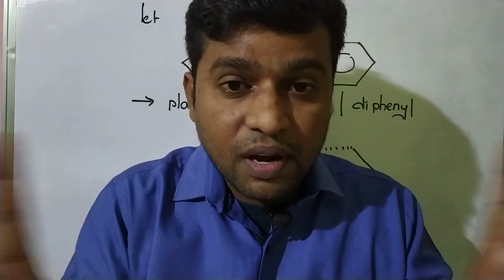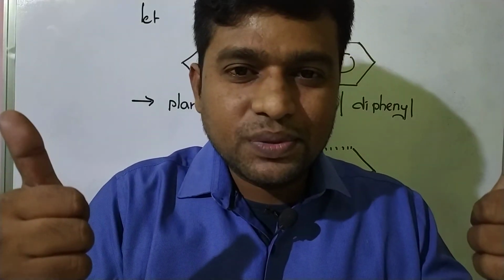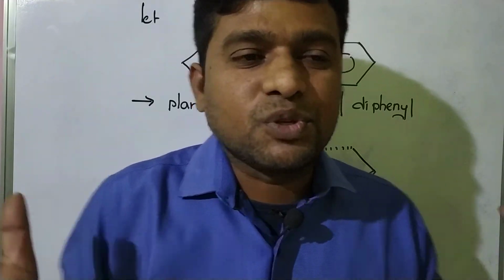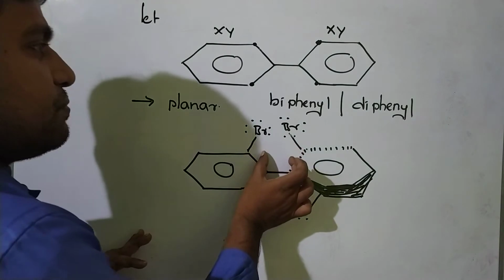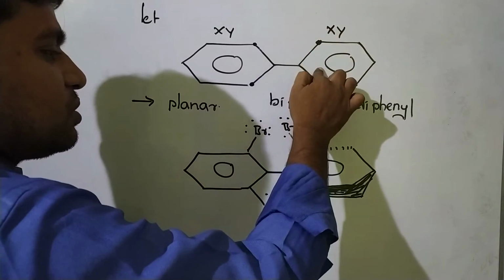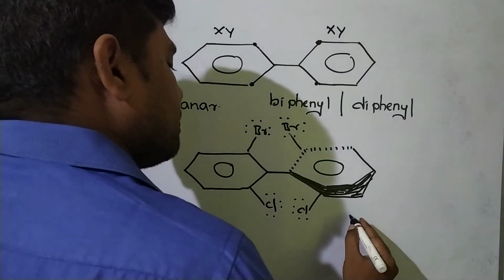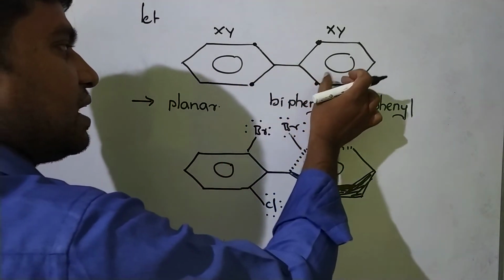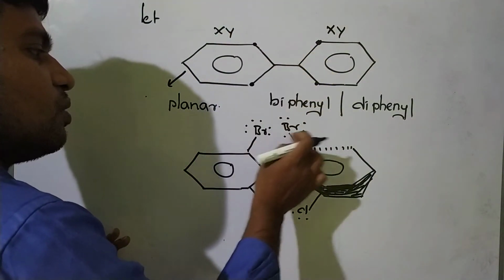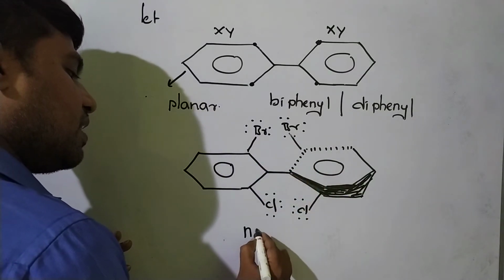Understanding? Non-planar molecules will not show geometrical isomerism. Everybody knows this point: planar molecules only should give geometrical isomerism. So biphenyls which carry bulky groups at ortho positions do not give geometrical isomerism, because this molecule is planar, but after introduction of these groups at ortho positions, the molecule becomes non-planar.